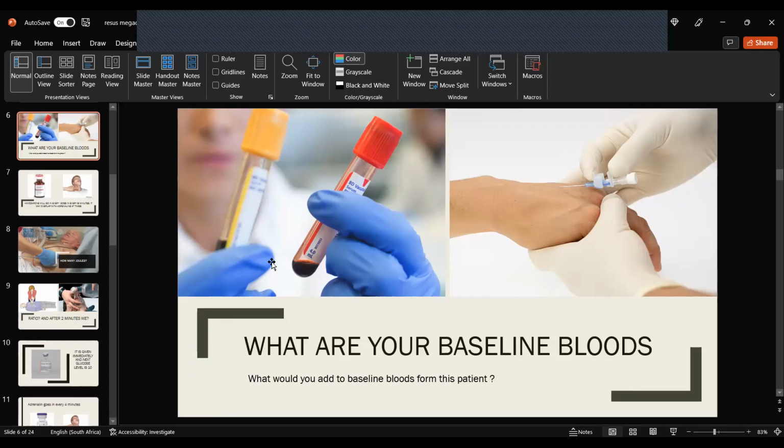No, not necessarily. Would you take an ABG? The patient complained of chest pain. Would you consider any other bloods with it? Cardiac markers, very good. Anything else that can cause chest pain?